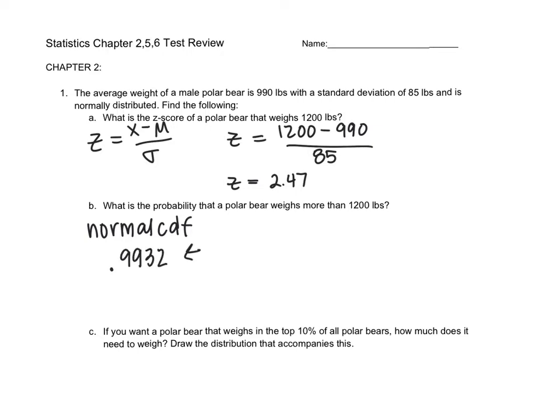But this is the probability that it weighs less than, because remember, the calculator always gives us the area underneath our curve. So if we want the probability of more than, we do 1 minus the 0.9932. So 1 minus is going to give us 0.0068.